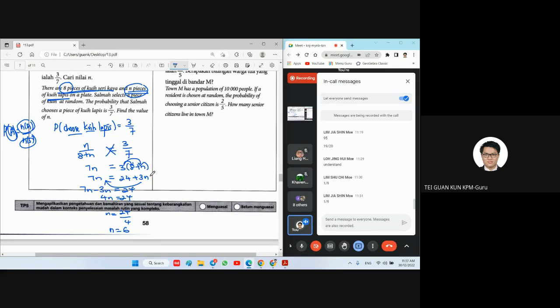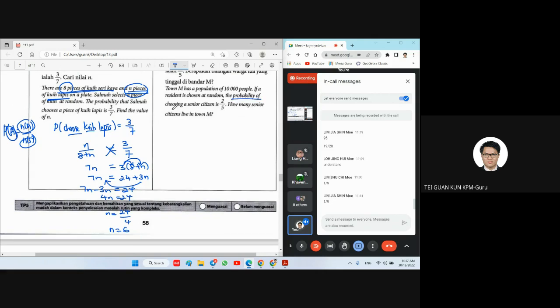Okay, last question. Let's try the last question. Town M has a population of 10,000 people. If a resident is chosen at random, the probability of choosing a senior citizen is 2 over 5. How many senior citizens live in Town M?